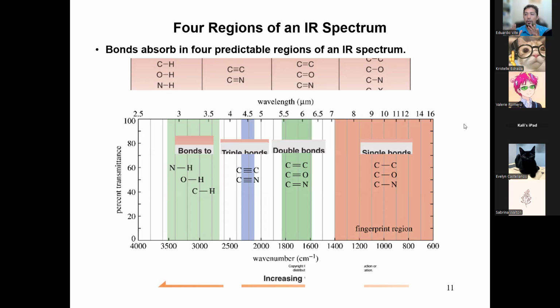So we actually look at the higher wave numbers first because those are more characteristic, more telling, more iconic. If we go to the higher wave numbers, on the x-axis we have 3500 to about 2700. You have your polar bonds, right? Carbon-hydrogen, oxygen-hydrogen, nitrogen-hydrogen. Those are polar bonds.